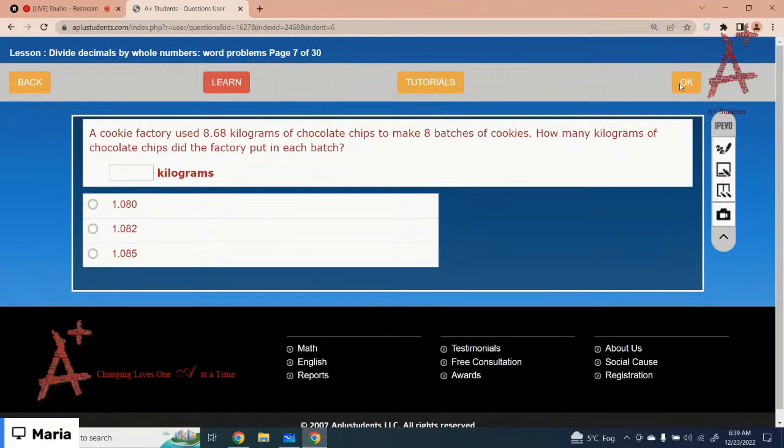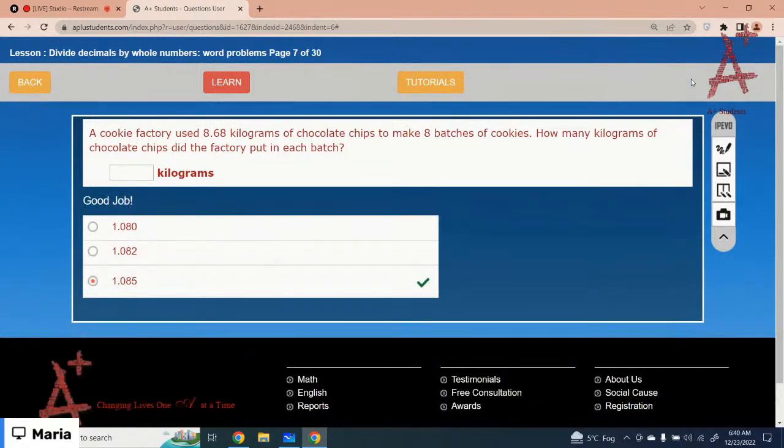The correct option is the last one, 1.085. Got it? Yes, very good. Select the correct option, then click on the OK button.